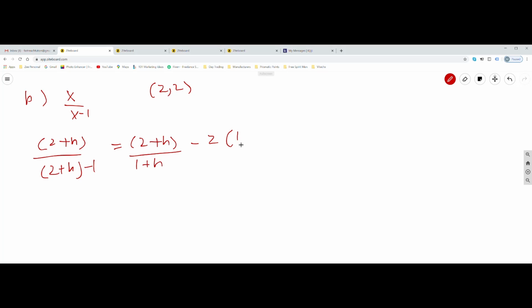Then you multiply the common denominator to the top and bottom. So you have 2 plus h minus 2 minus 2h over 1 plus h over h.